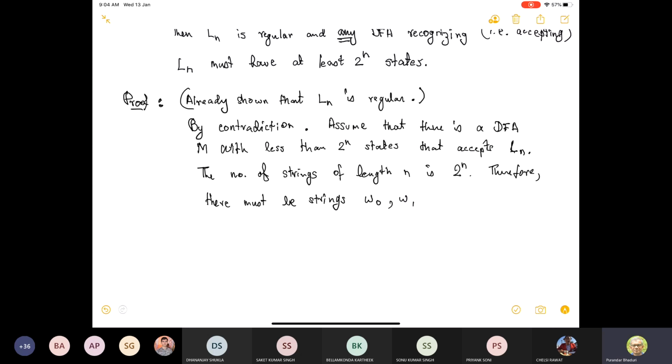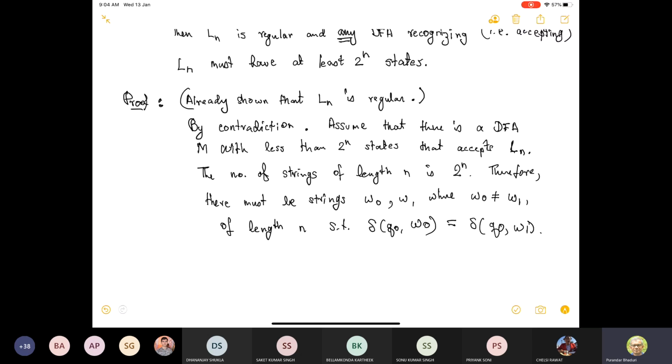W0, W1, where they are not equal. That's what is meant by distinct, of length n, such that delta(Q0, W0) is the same as delta(Q0, W1).